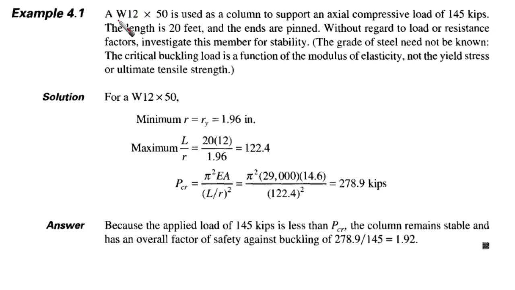If a wide flange W12x50 cross section is used as a column to support an axial compressive load of 145 kips, we have the wide flange and the load being applied on this element. We're talking about pins here, and the load being applied is 145 kips from both sides.